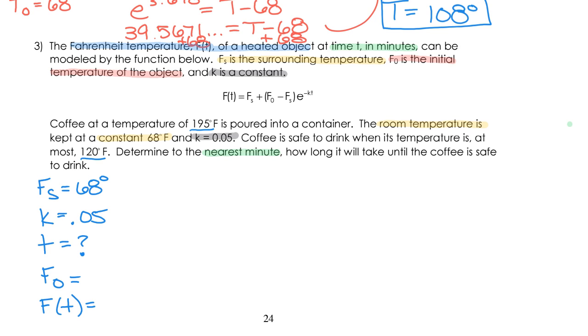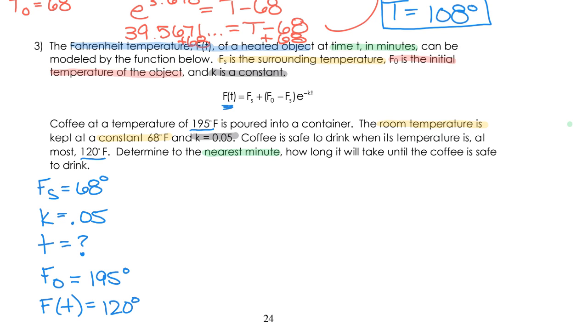And initial temperature is F sub 0, so this is 195. And then F of t is the temperature of the heated object, which is 120. Which makes sense because if you look at F of t, that's your y, kind of in the y spot there, and that's your output, and that's what you want your temperature to come out as so that you can drink it. Okay, I think this makes sense.